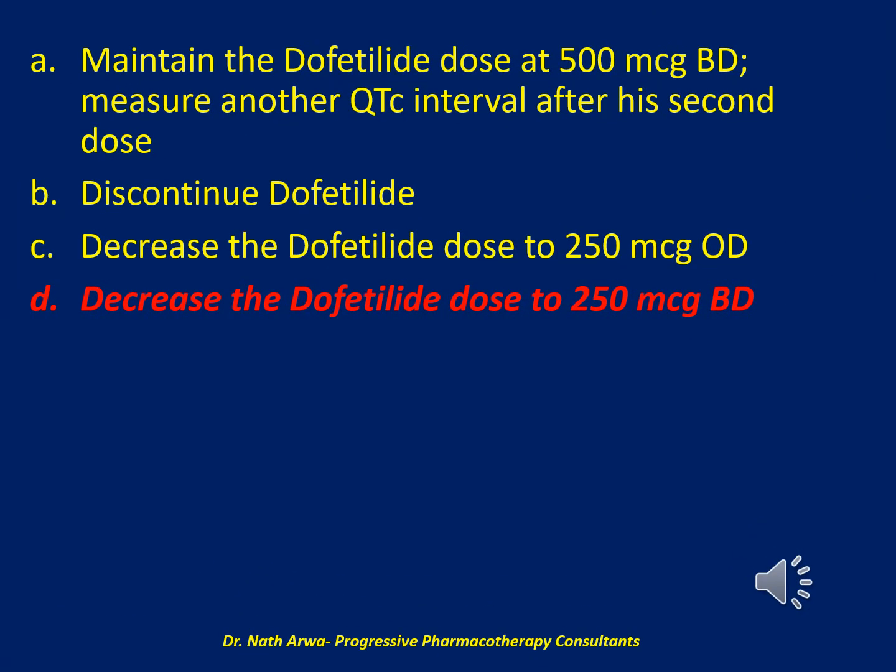And the correct answer is D. Decrease the dofetilide dose to 250 micrograms orally twice daily. According to the U.S. Food and Drug Administration approved labeling for dofetilide, if the QTc interval increases by more than 15% or to greater than 500 milliseconds within 2 to 3 hours after the first dose of dofetilide, the dose should be reduced by 50%, which in this patient would be from 500 micrograms twice daily to 250 micrograms twice daily.